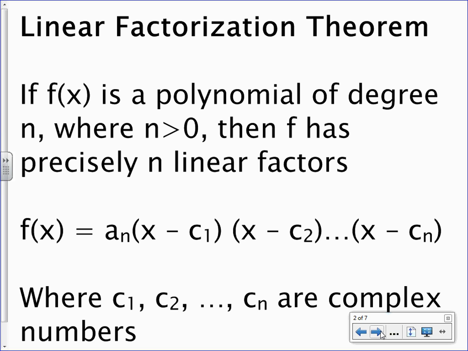We haven't really worked with that yet, but we are going to. But if we have zeros, we can write all of our factors. If we have a fifth degree polynomial, we better have 5 factors. If we have a third degree polynomial, we better have 3 factors. Can they repeat? Sure, but we better have the same number.